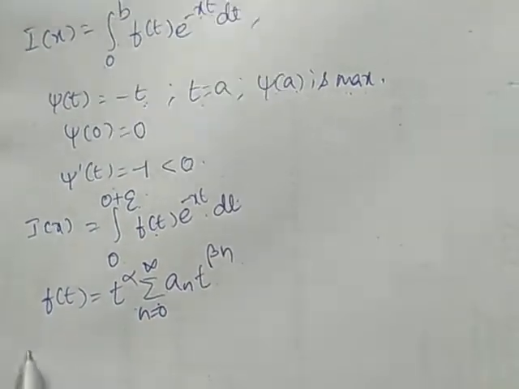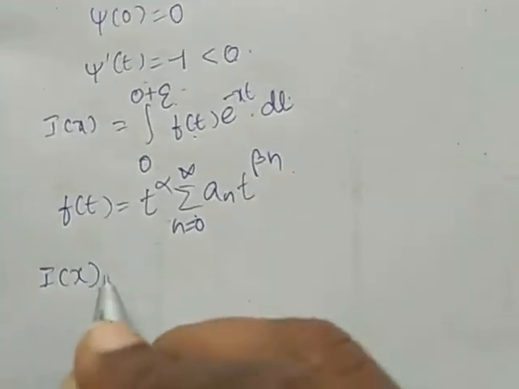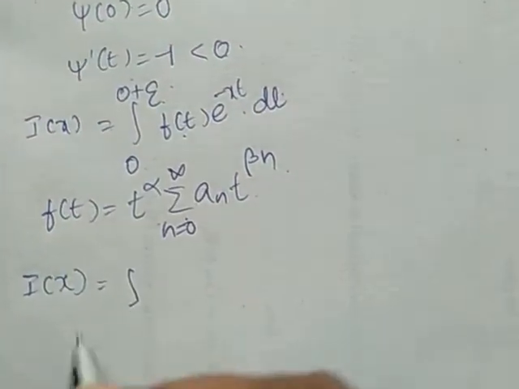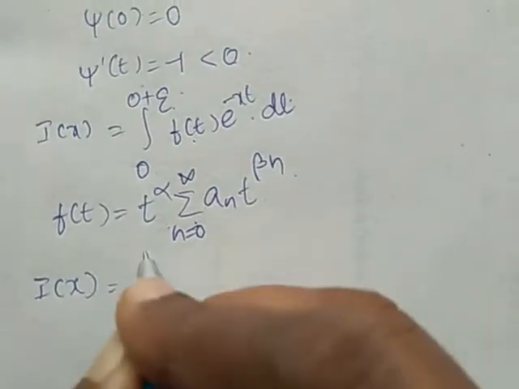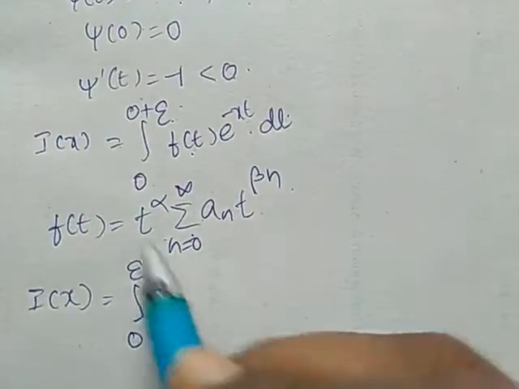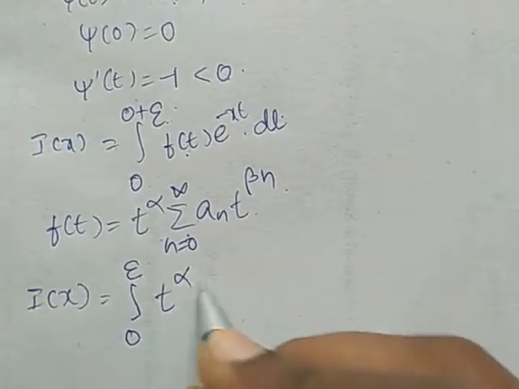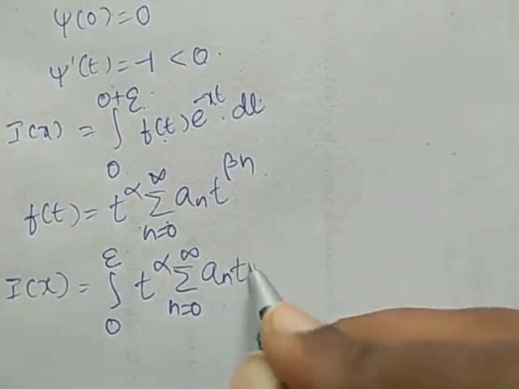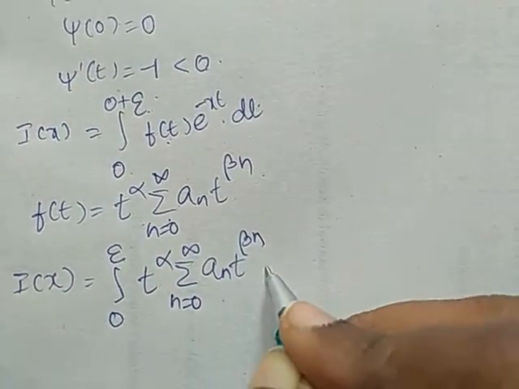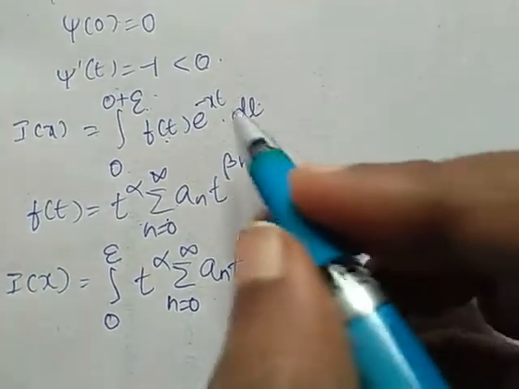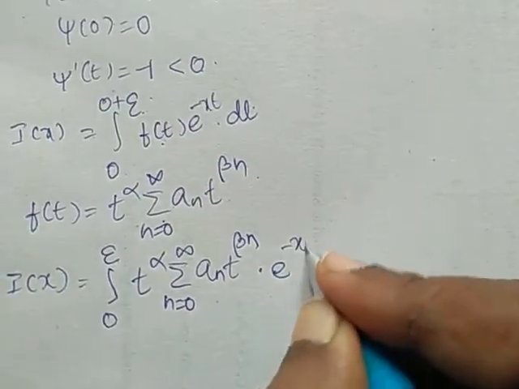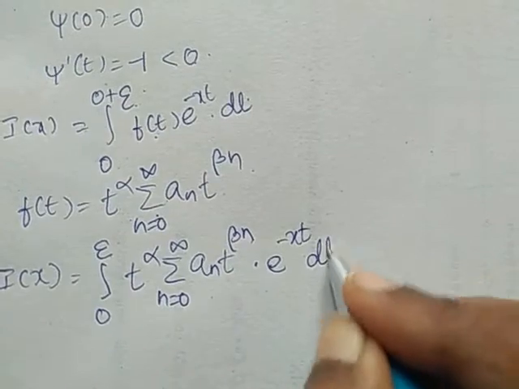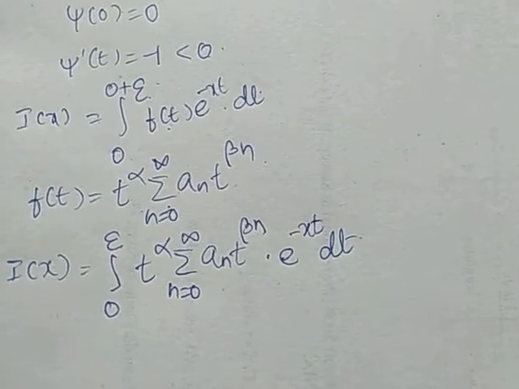We will get I of x is equal to the integral from 0 to epsilon. What is f of t? This one. So, t power alpha summation of n equal to 0 to infinity a n t power beta n into e power minus xt dt. So, this is our integral now.